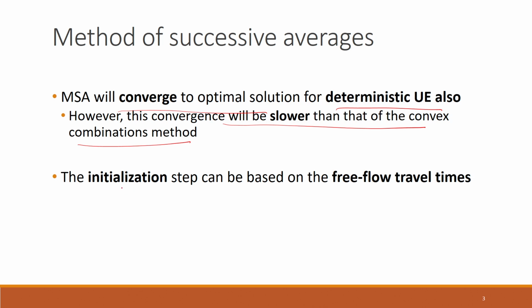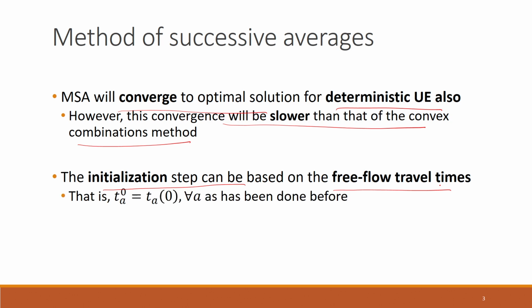So, note that in this method of successive averages, the initialization step can be based on the free flow travel times. Okay. That is, when we mention that we have to take the inputs of this T0A, that means that we assign 0 flow to every link, and depending on that and the link performance functions that we choose, we get the measured travel times for initialization.